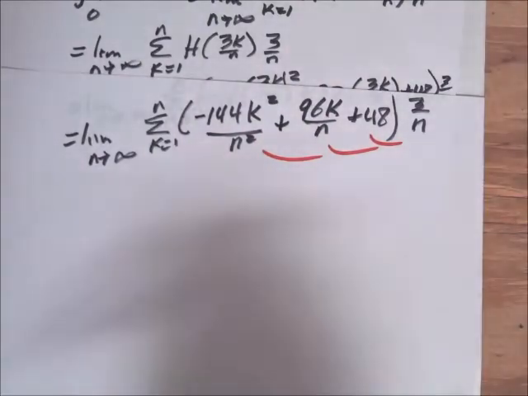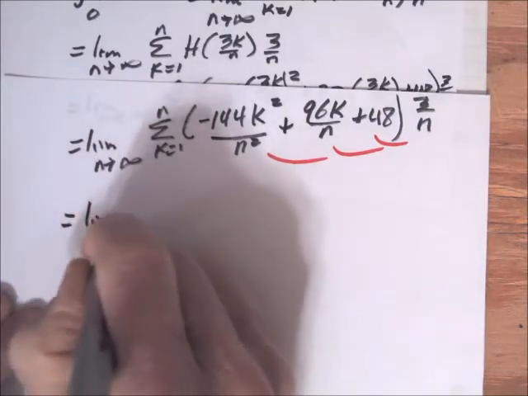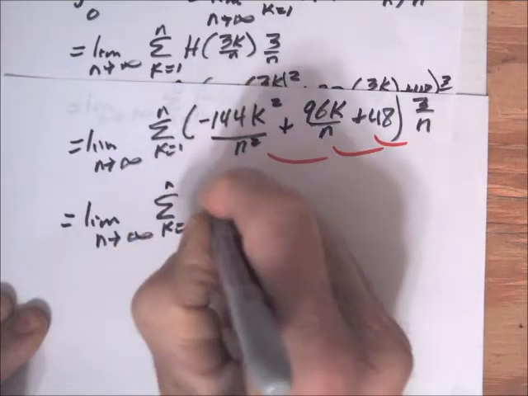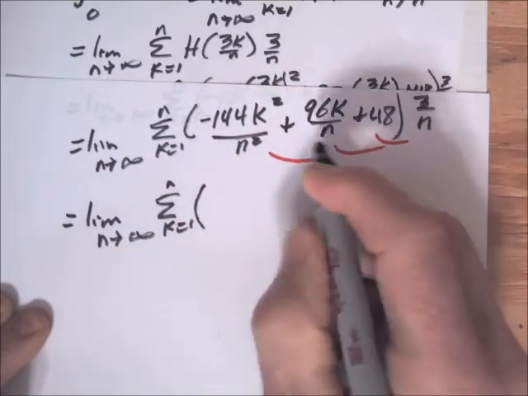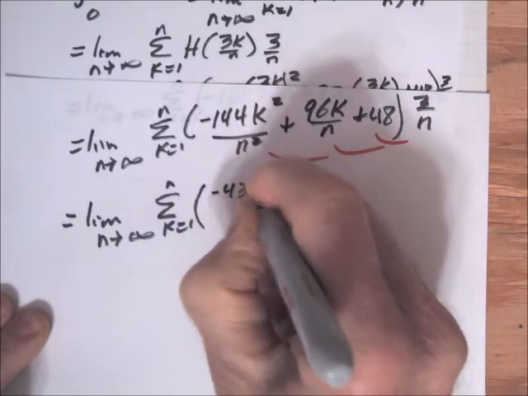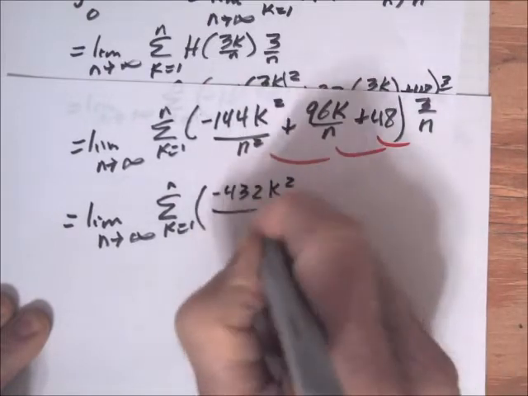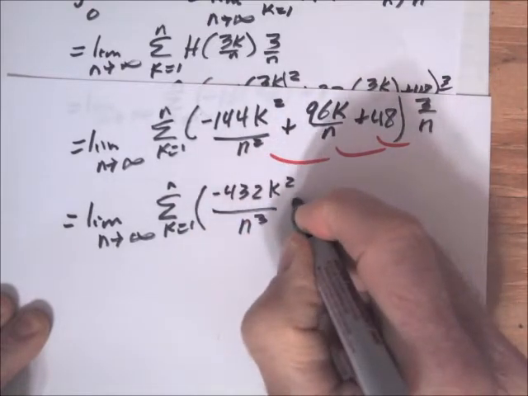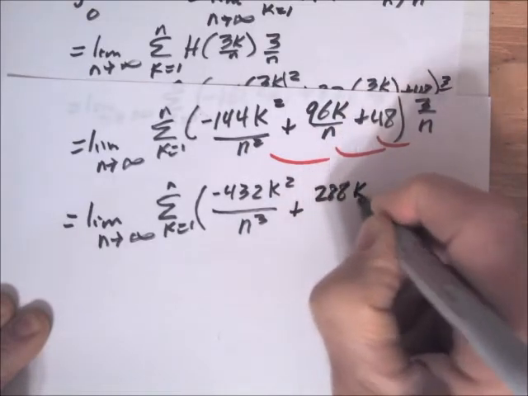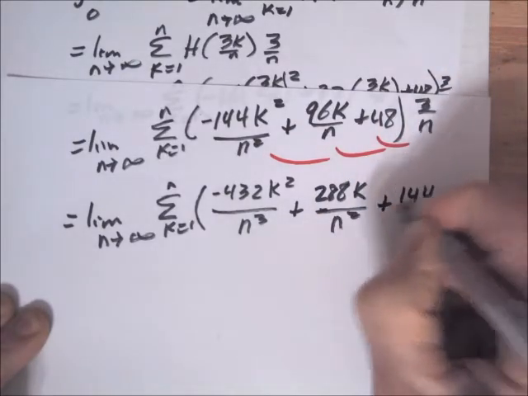So this will be the limit as n goes to infinity, k equals 1 to n of negative 432 k squared over n cubed, plus 288 k over n squared, plus 144 over n.